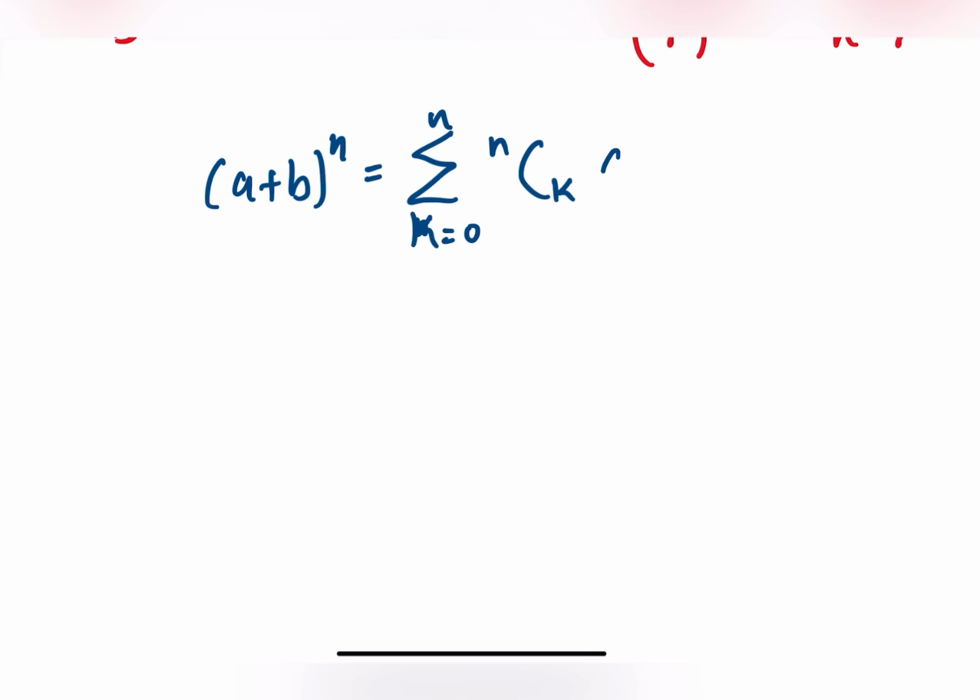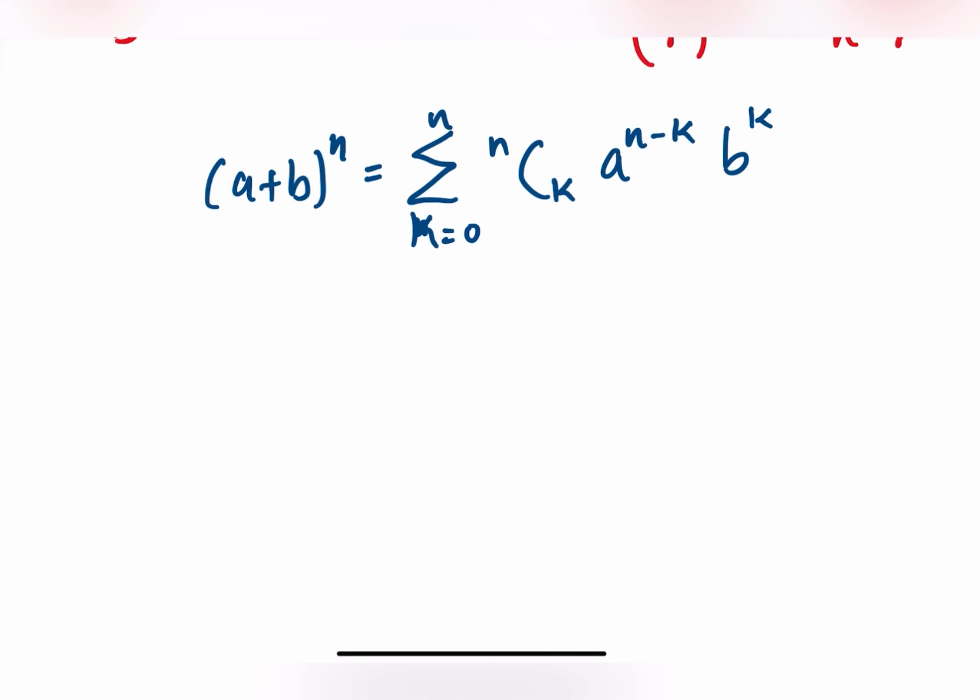So in general, we can say that (a + b)^n can be written as the summation of k equals 0 to n of nCk a^(n-k) b^k.